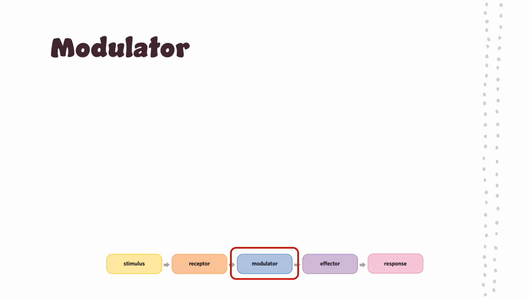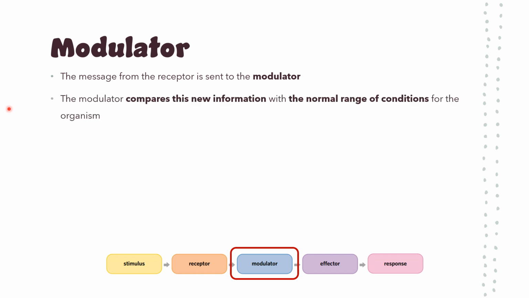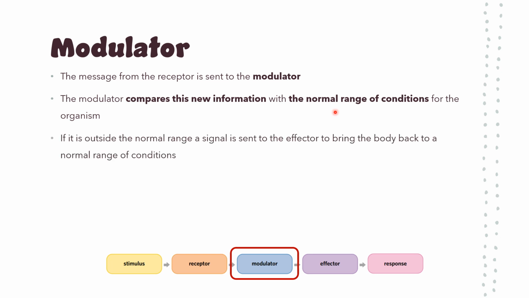So next we have the modulator, and the message from the receptor is sent here to the modulator. The modulator is able to compare this information that it receives from the receptor with the normal range of conditions for that organism.